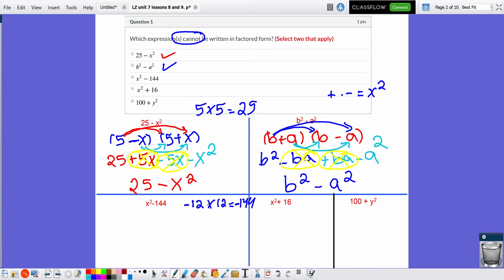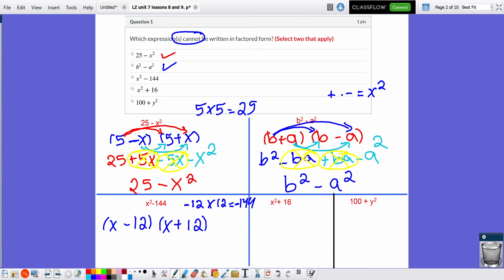So negative 12 times 12 is negative 144. So here, I know that we have x because I'm multiplying to get x squared, and I know that one number is negative 12 and the other one is positive 12.